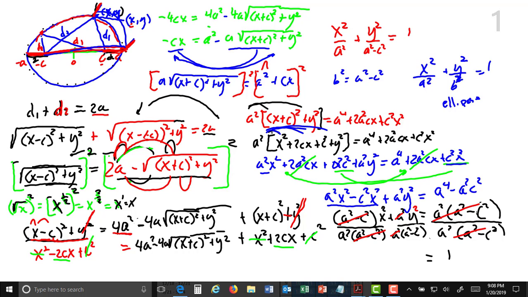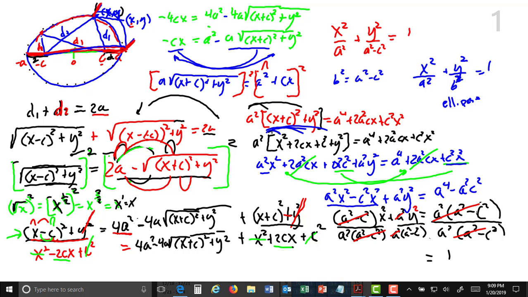Now, over here, you can see it looks kind of ugly, but I'm going to take this and work it out. X times x is x squared with a middle term of minus 2cx, because there's going to be another one here, and then I have to multiply c by itself as c squared, right?